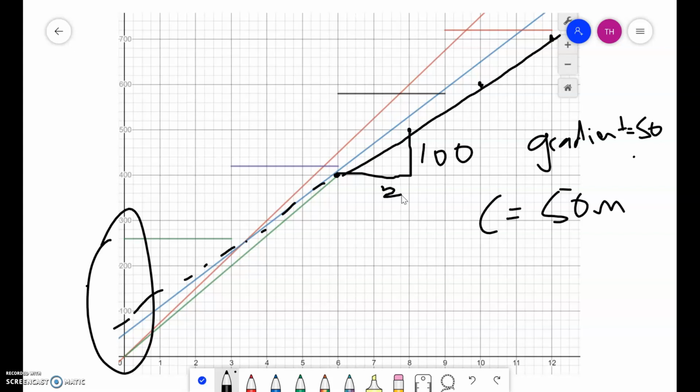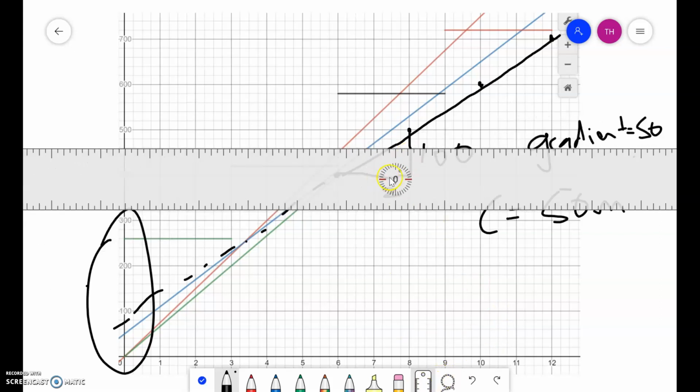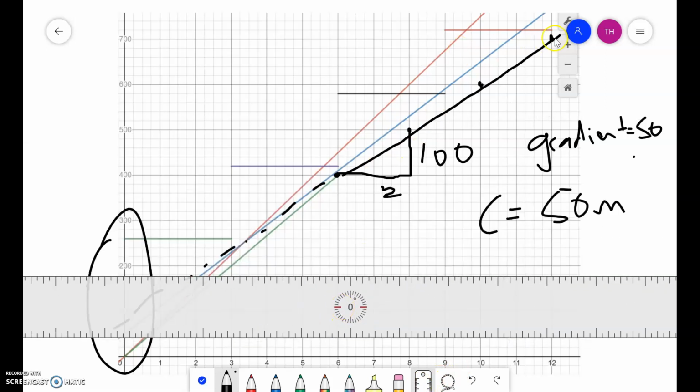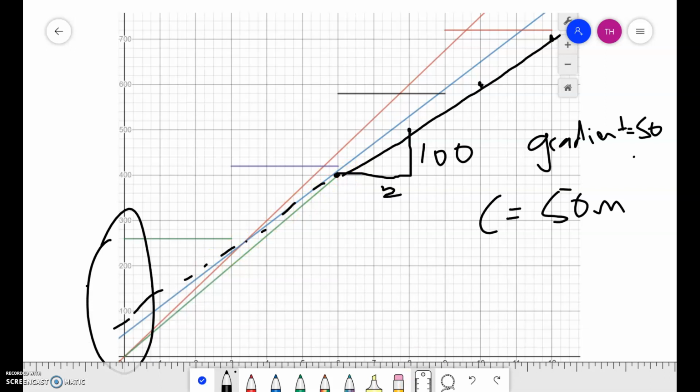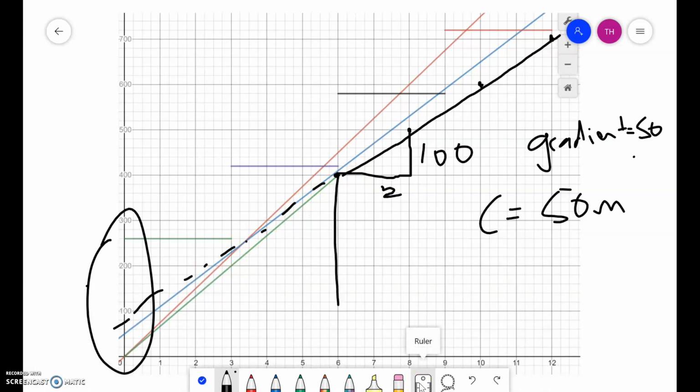You could continue your line going down, or you could take your ruler and line it up with the new line you've created and rule it down. I haven't worked out how to use this ruler yet. Mathematically, if your ruling is not that accurate, we can go back and see how much would go down if we were to go across 6 months.